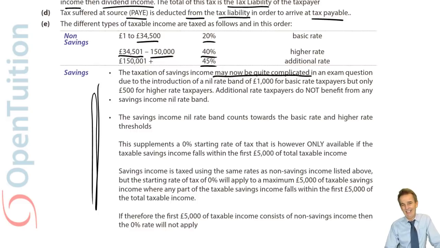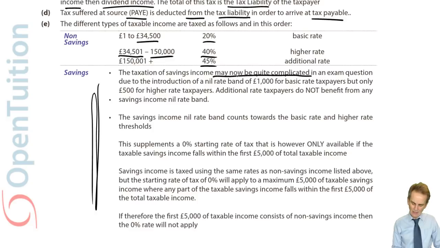Actually, the fact that it's complicated is not such good news for you, but it's very good news for the taxpayer, because we have two 0% or nil rate bands that may apply to certain parts of your taxable savings income. So we'll need to concentrate on this.